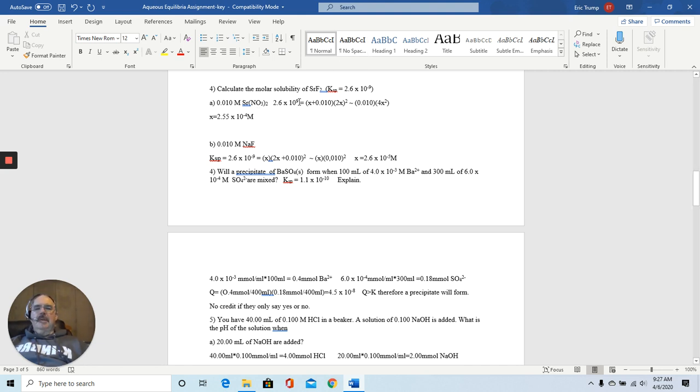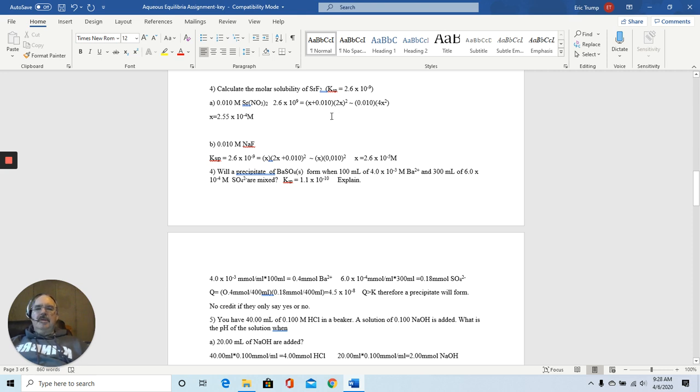Okay, so we take our KSP, and without the added strontium, this would be just X times 2X the quantity squared. X is just from the strontium fluoride dissolving, and then the 0.01 is from the added strontium.